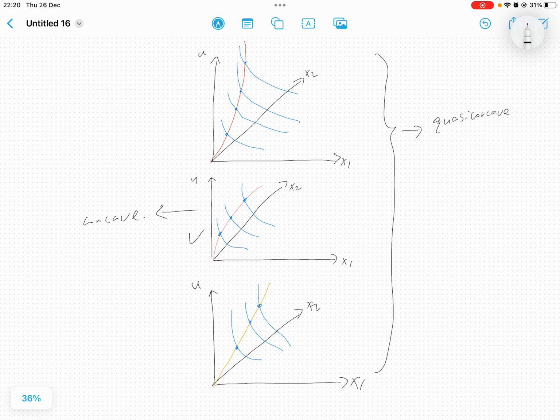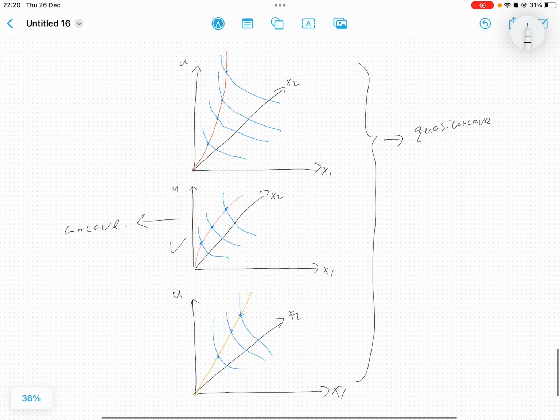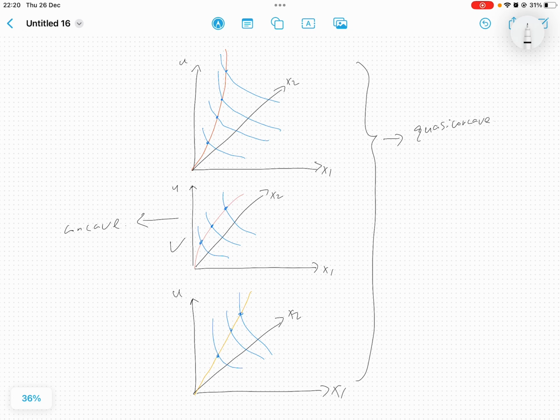And in the other two pictures, we can see that no matter whether this orange curve is straight in the third little picture, or concave in the second one, or even convex in the first one, it doesn't matter.